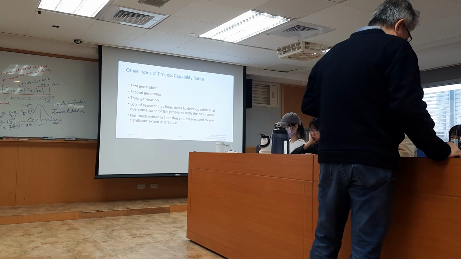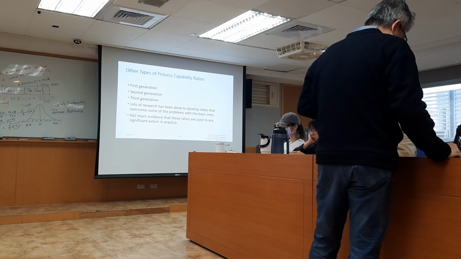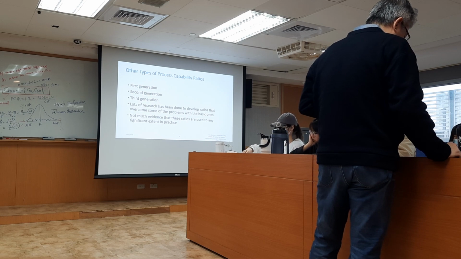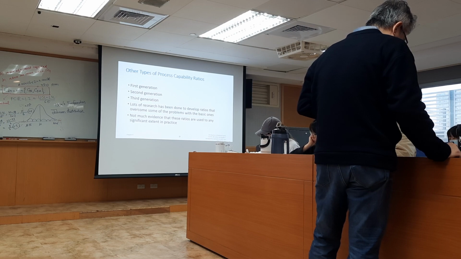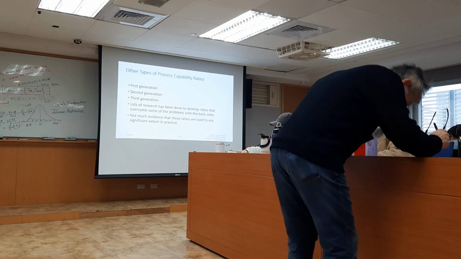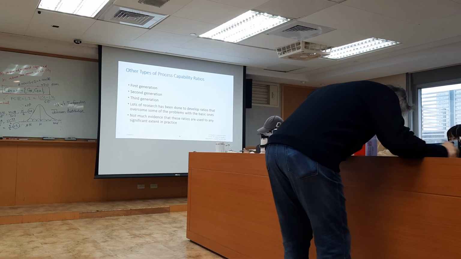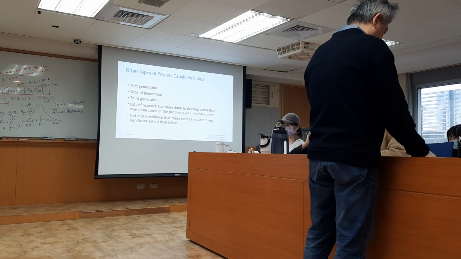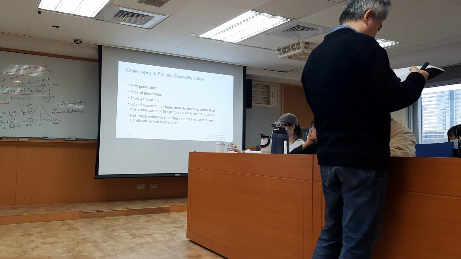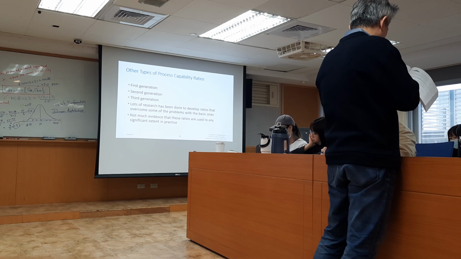Okay, page 329. There's another capability index, equation 8.10, called the CP. Why did it skip so fast?